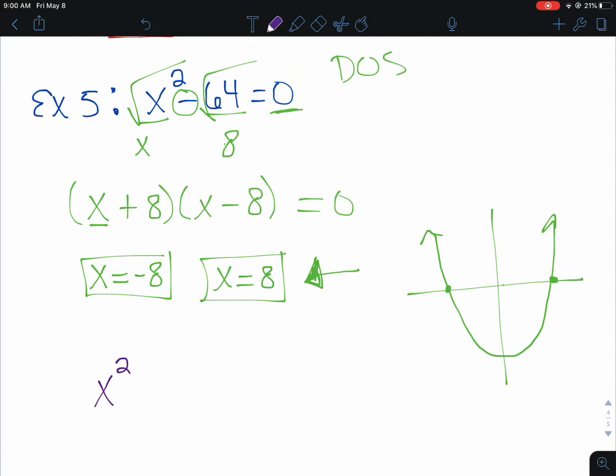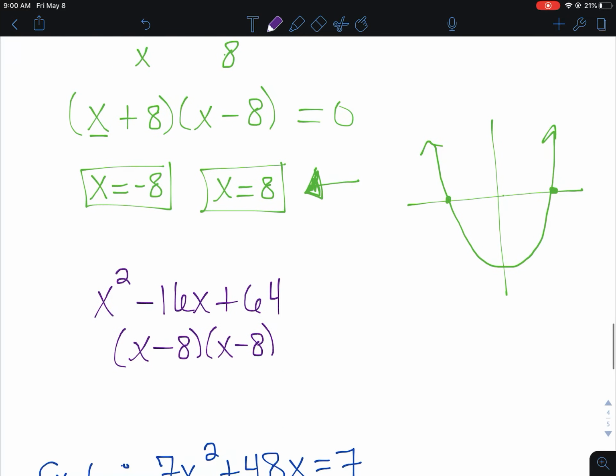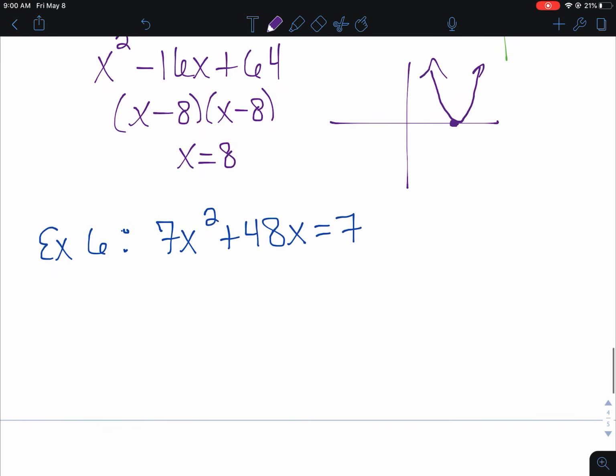If we had instead a perfect square trinomial, so x squared minus 16x plus 64, where this was x minus 8 and x minus 8, well, then your graph would only have one solution, one zero, which is positive 8. It's the same for both of them. 8 minus 8 is 0. So it hit at positive 8. It's just going to bounce and turn back around.